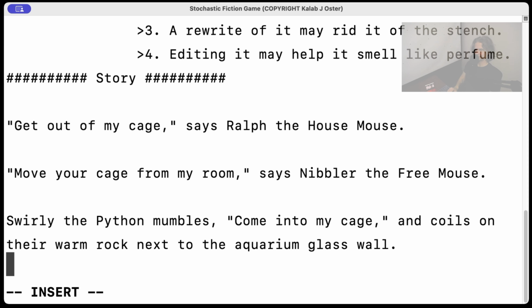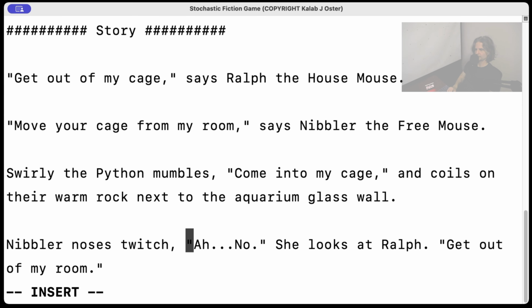Okay. So Swirly the python mammals come into my cage and coils on the warm wall next to the aquarium glass wall. Nibbler's nose twitches. No, and looks at Ralph.